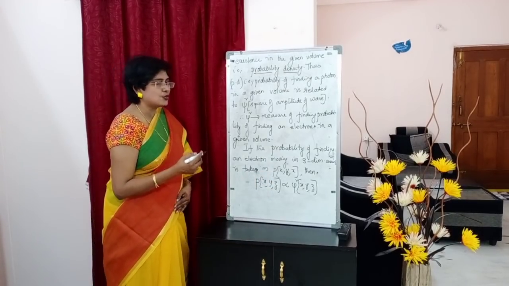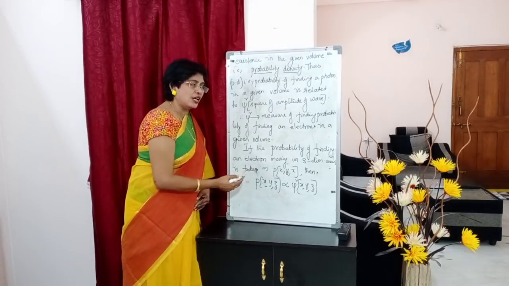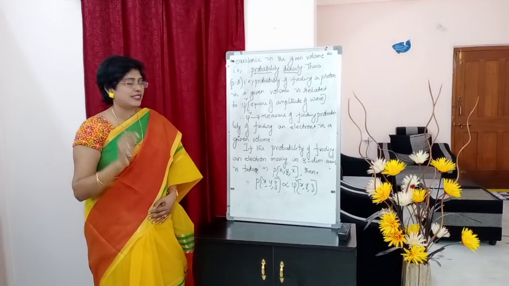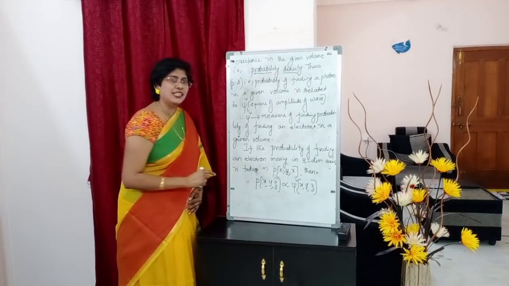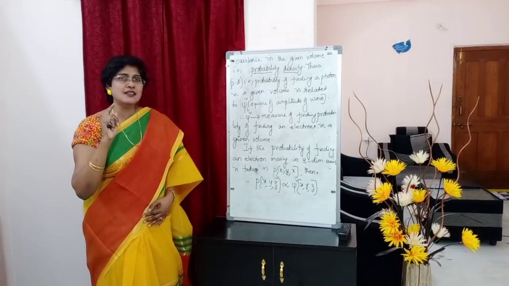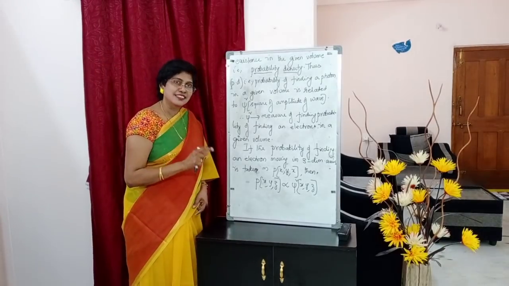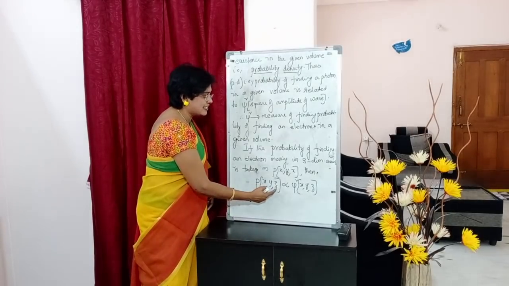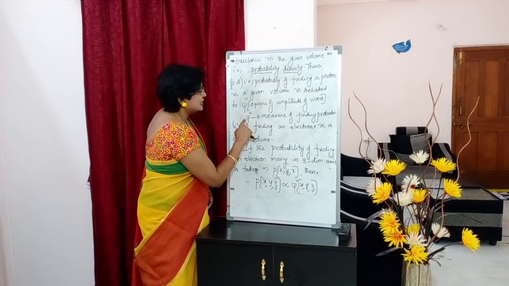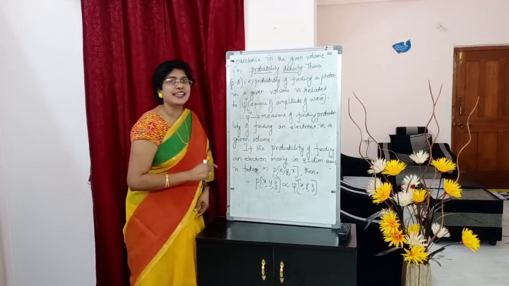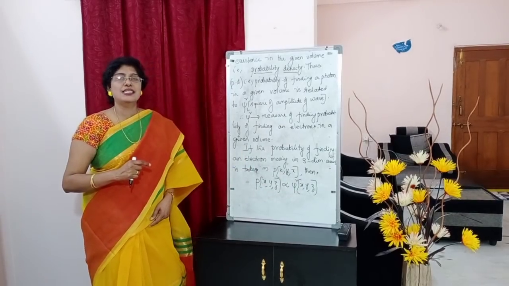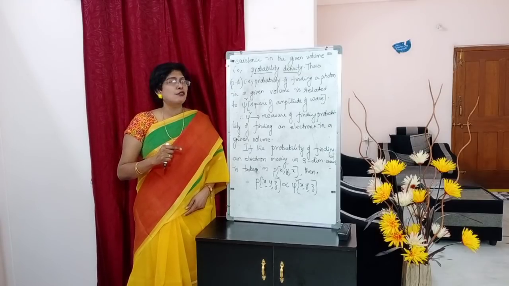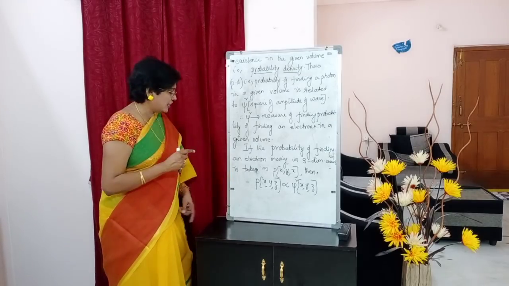P of x, y, z. P means probability density of the electron which is moving along x, y, z axis. Then this probability of finding the electron moving along 3 axes is proportional to psi square of x, y, z. Okay. So this is the way we can find the probability density of an electron which is 3-dimensional.